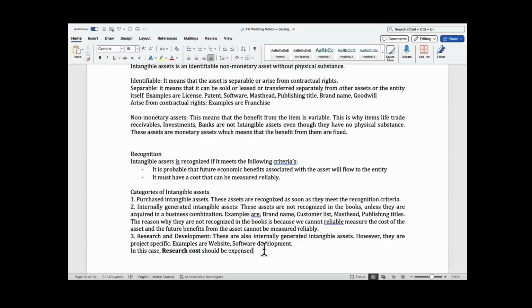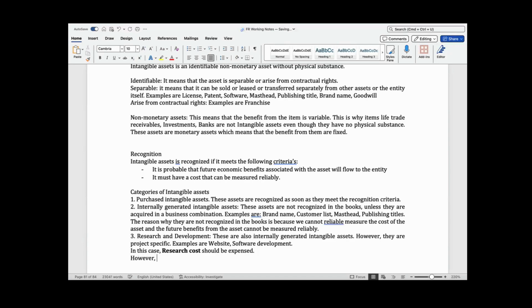Research sounds like you're still making findings, still trying to understand the project, at the very beginning stage, doing preparatory work, not really started designing or development. And the future of such an item is not certain. So all of those costs are usually expensed, right?